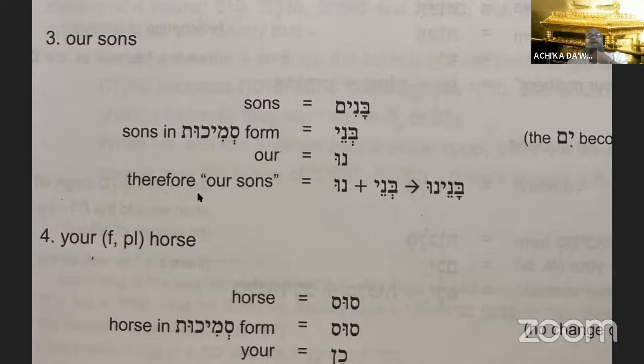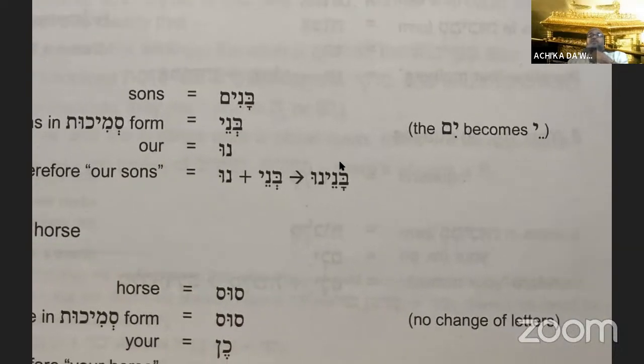So therefore, our sons is going to be B'nai Nu. Okay? So the "em," the yod and the mem, the masculine plural ending that we have, becomes these two dots in the yod. And you'll see that in a lot of the writings.